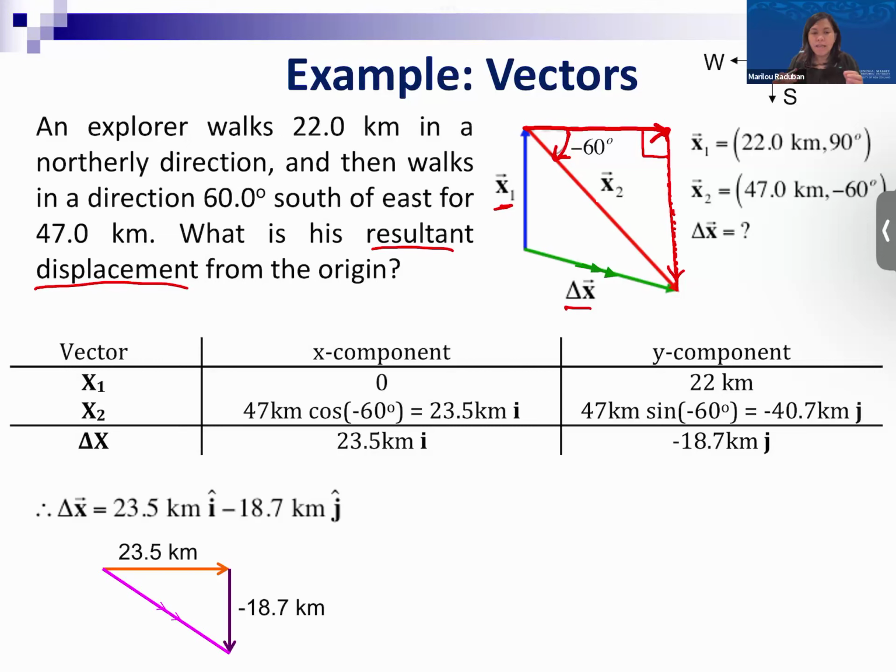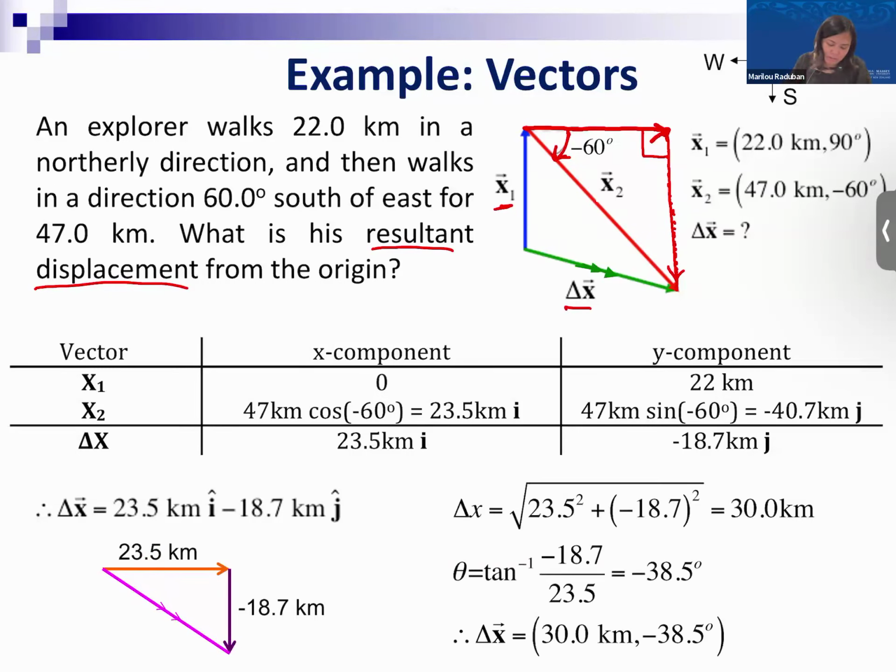Or, if you want to write your final answer in the form of magnitude plus direction, you need to work out the magnitude of this resultant vector and the angle theta that gives the direction. For the magnitude, it's the hypotenuse of a right-angle triangle. Pythagoras theorem says x component squared plus y component squared. Then take the square root of that, which gives you the resultant vector, or the magnitude of the hypotenuse, which is the displacement.